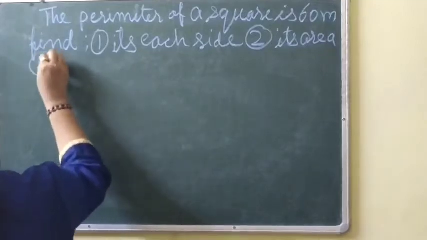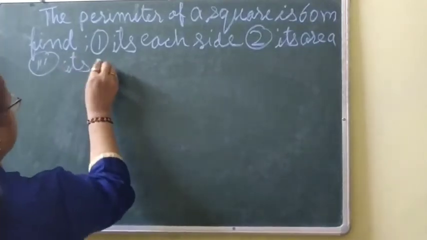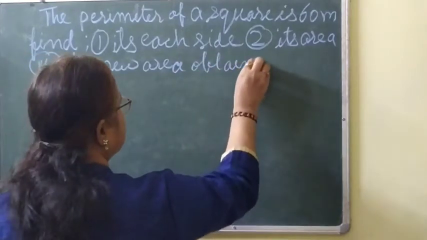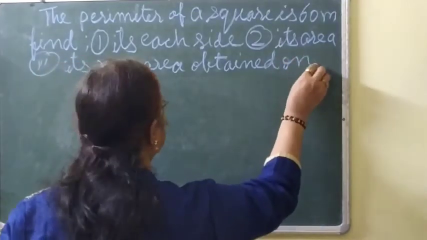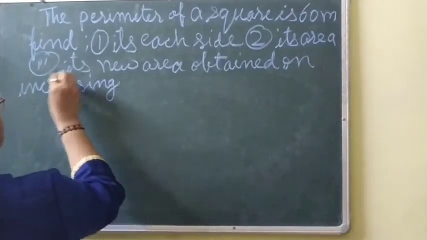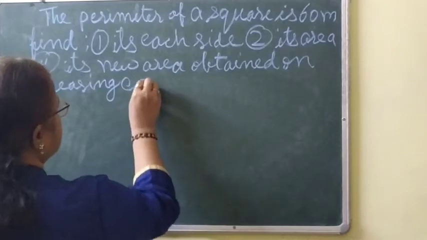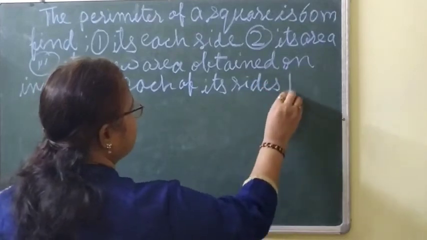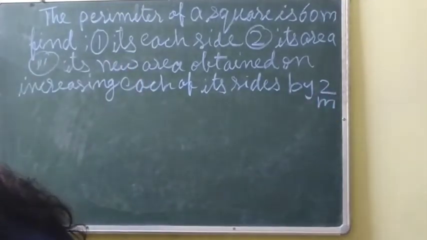And number 3, its new area obtained on increasing each of its sides by 2 meter. Clear? Each of its sides by 2 meter.